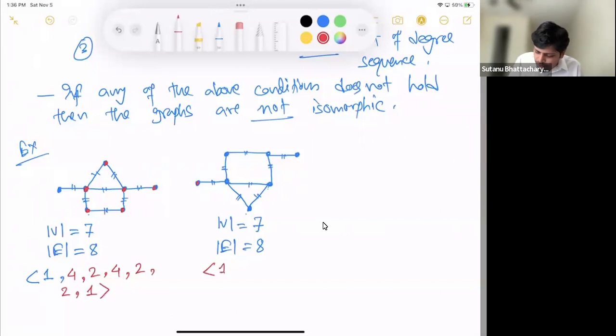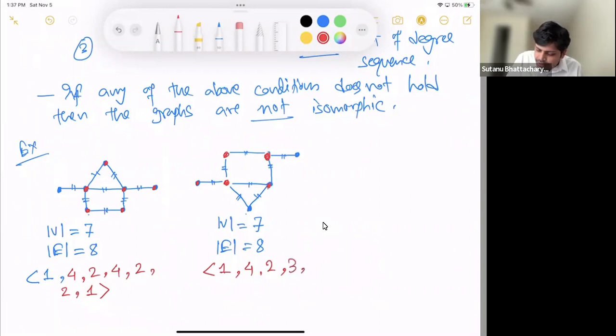This node is 1, okay. This node is 4: 1, 2, 3, 4. This node, okay. This node is 2. Oh, I made a mistake here. For this node, yeah, 1, 2, 3, 4. Yeah, that's fine. And for this node, the degree is 1, 2, 3.